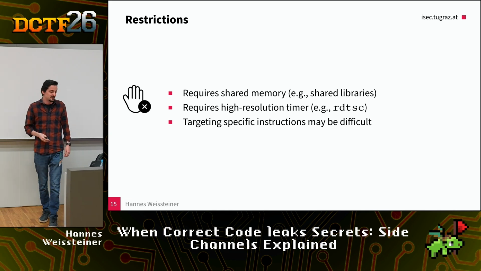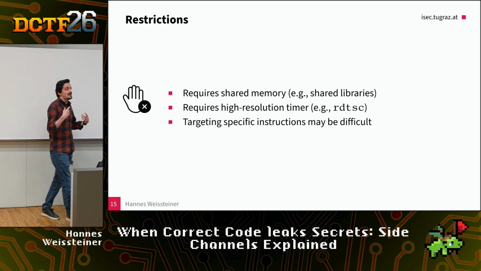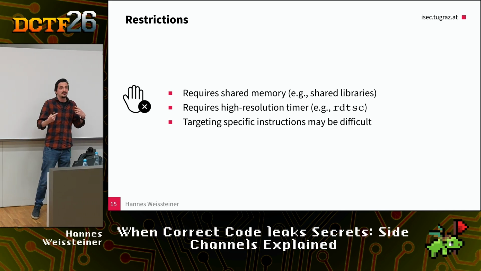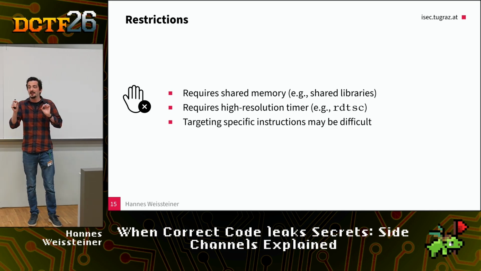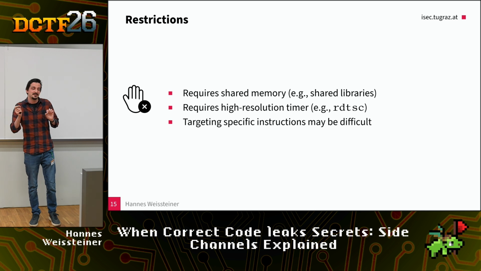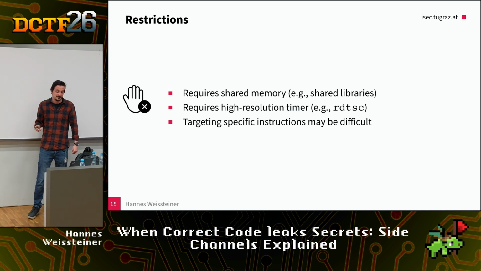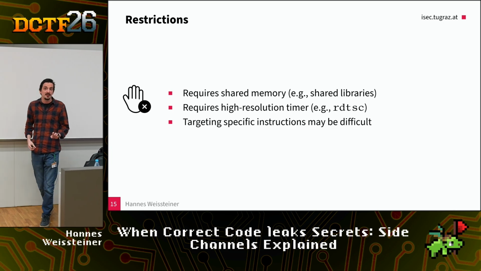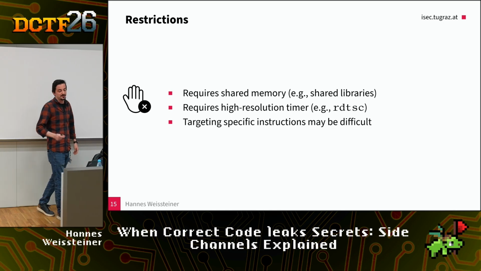But this is out of scope of this talk. If we are just running on a different core, it may be hard. So if we are targeting very fine-grained access patterns, it may be hard to hit the right timing. So you might need multiple measurements. So the precision is good, but not ideal for very, very tight loops, for example.